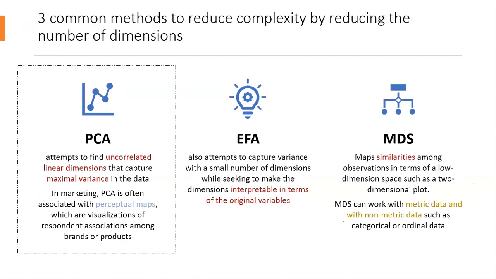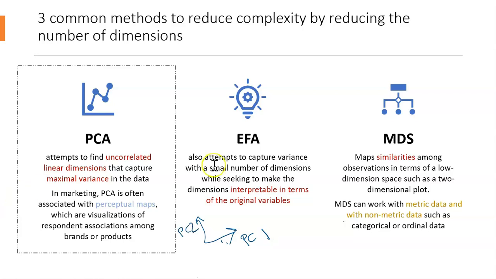So what PCA does is attempt to find uncorrelated linear dimensions that capture maximum variance in the data. So if there are 10 or 15 variables, it will try to group the variables which have high correlation and try to explain them through two dimensions, and these two dimensions are uncorrelated and called PC1, PC2.